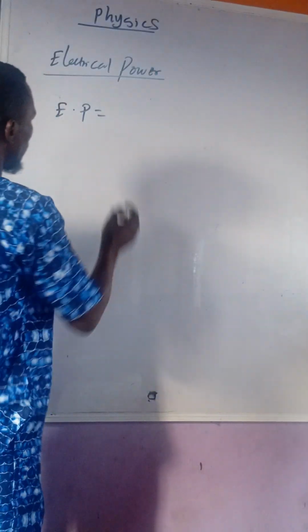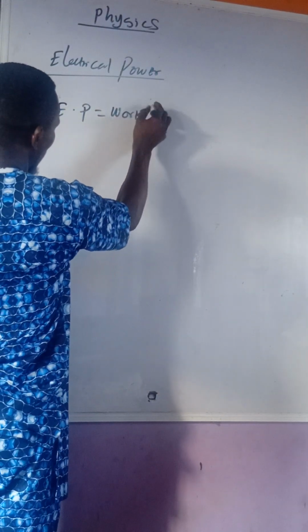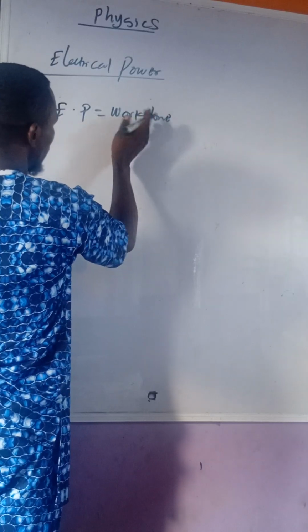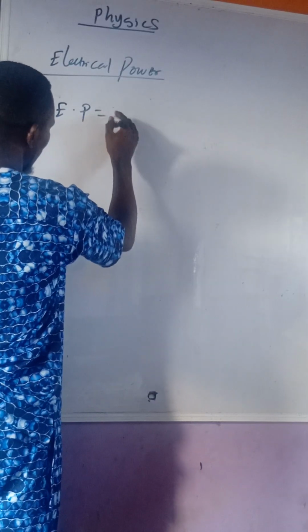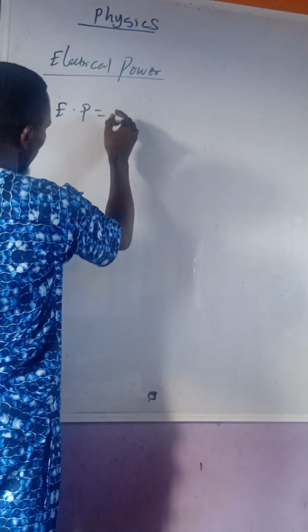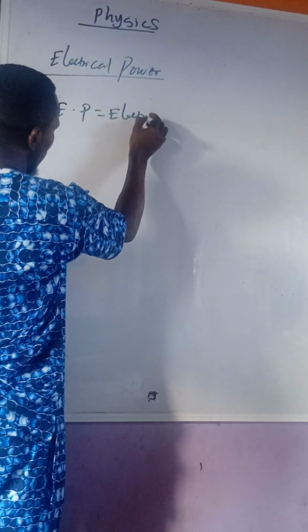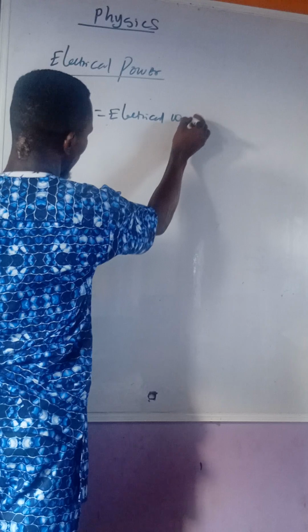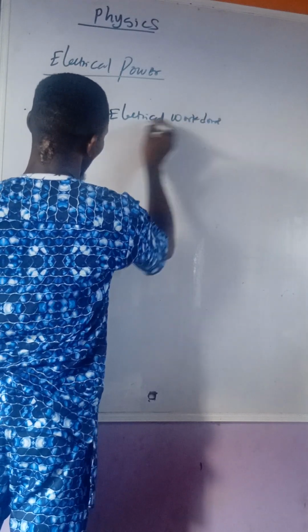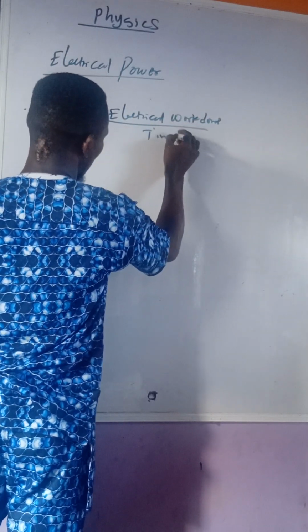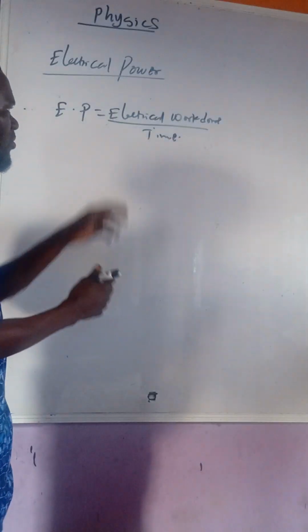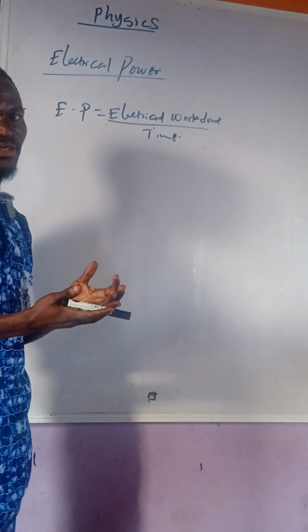It's equal to the work done. The formula is electrical work done over time. When talking about electrical work done, it's the same thing as electrical energy.